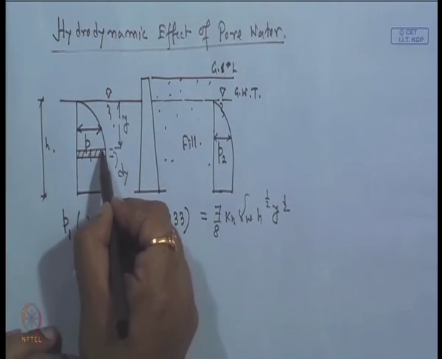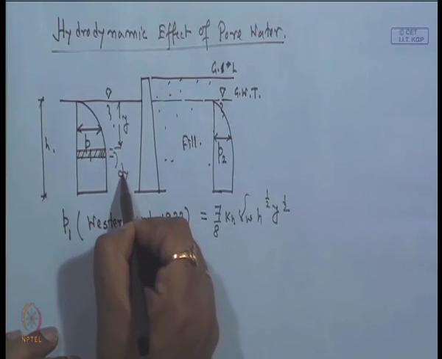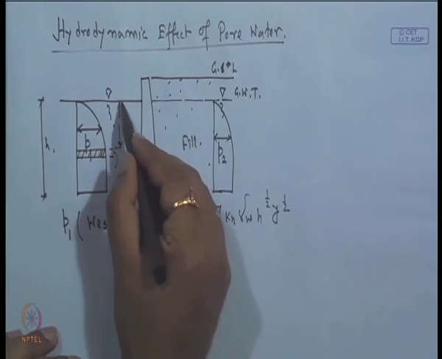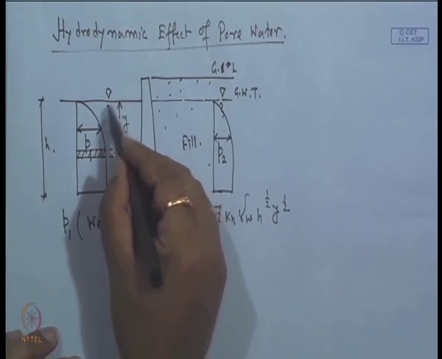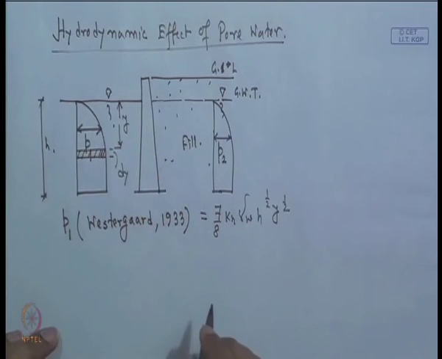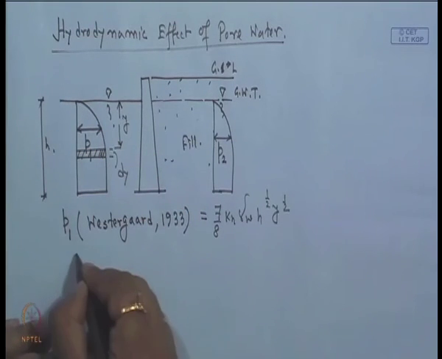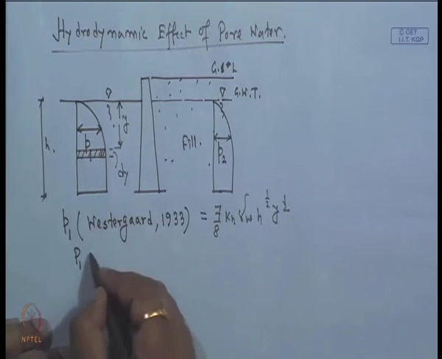So, we consider a small element dy at the level of y from the top of the water surface. So, we can calculate this P1 per unit length.